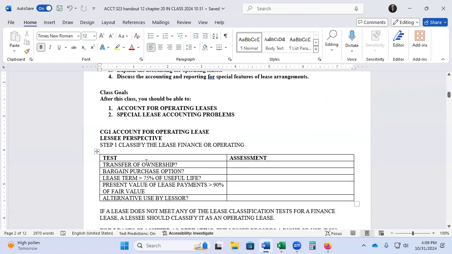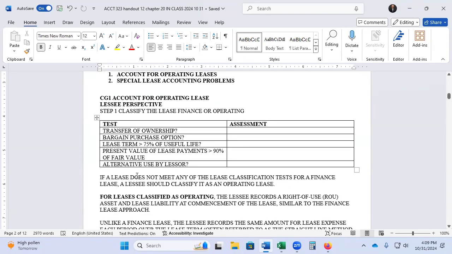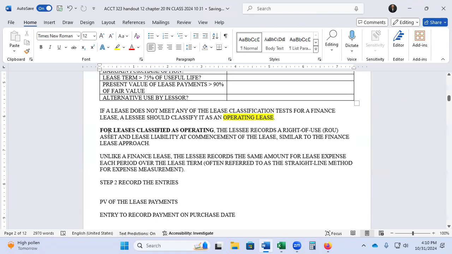So this is very similar for the lessee in terms of the setup for it. They set up a right to use. We check the tests. If it does not meet any of the classification tests, it means that they're not taking ownership, right? The tests are all the same. And if it does not meet any of these, it's going to be classified as an operating lease, which we're going to be talking about today.